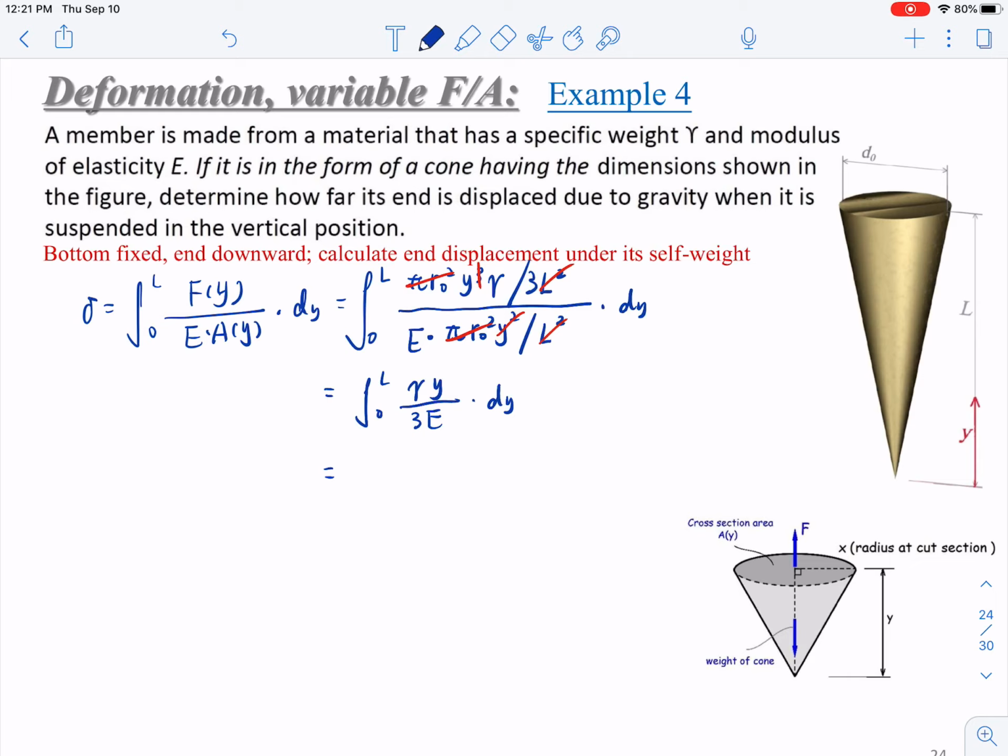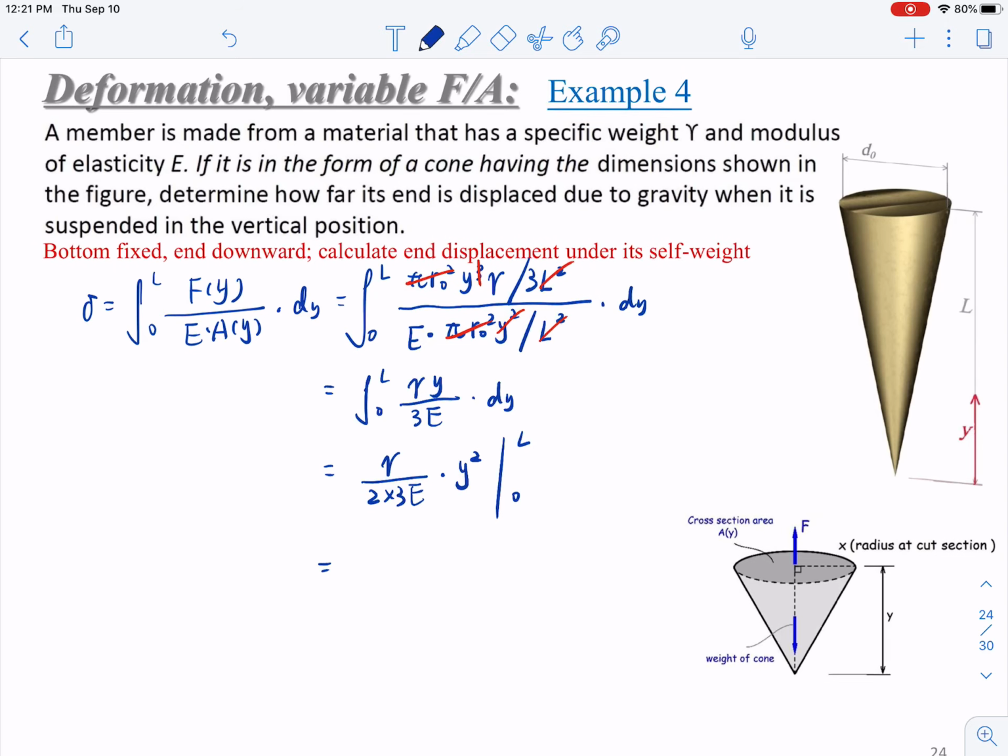This will be gamma over 2 times 3E, y squared, from 0 to L. So easily we can get the final expression of delta, which is gamma L squared over 6E.